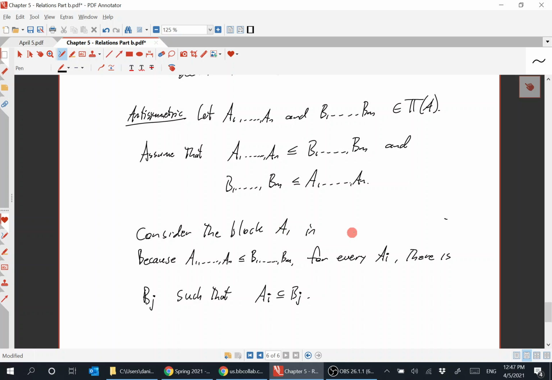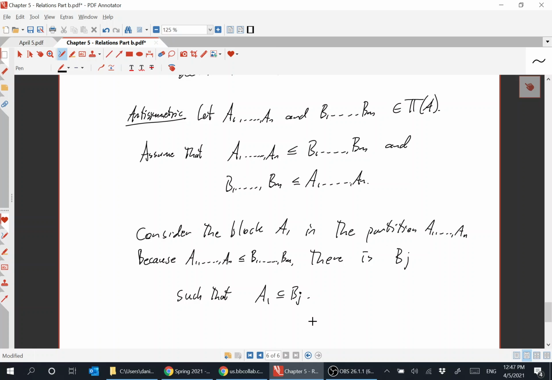A1 in partition A1 to AN. All right, because the partition A's is less than or equal to the partition B's, there is Bj such that A1 is a subset of Bj. Okay.